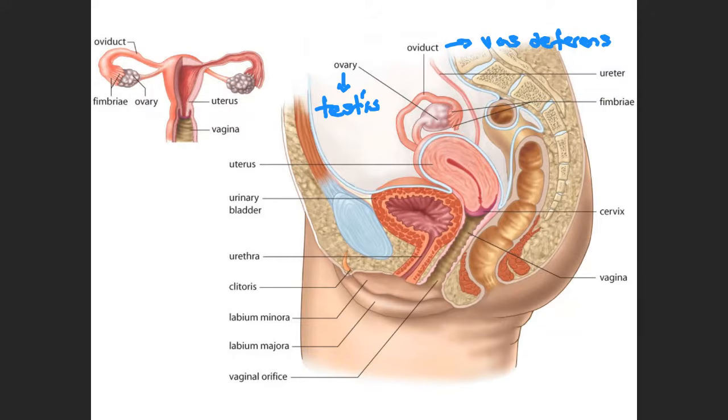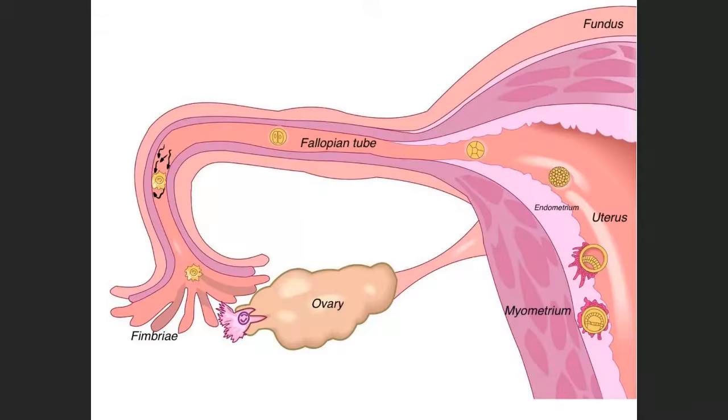In males, the uterus doesn't really have the male version of it. That's about it, really. Yep, comparative anatomy, very important.